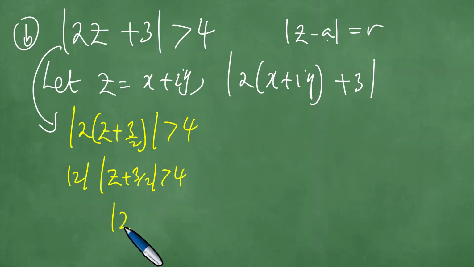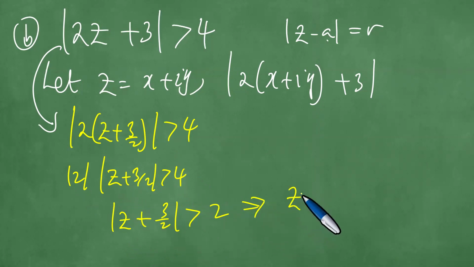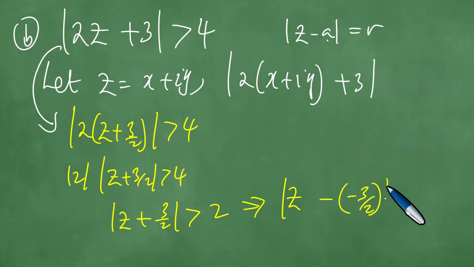If you divide 4 by 2, you get 2. So you can see this one can be written as the modulus of z minus minus 3 over 2 is bigger than 2. Okay, so the center is minus 3 over 2, and then we are looking at the region outside this circle of radius 2.